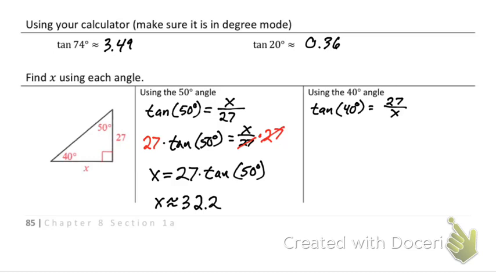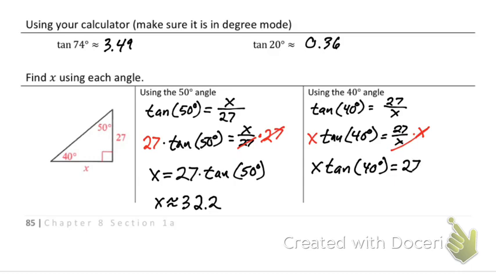So in this case, I need to get x by itself. The first thing I'm going to do is multiply both sides by that x. So we have x times tangent of 40 degrees equals 27 over x times x. These x's will cancel out, and I'll have x times tangent of 40 degrees equals 27.